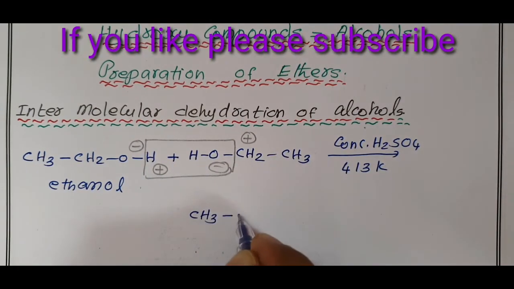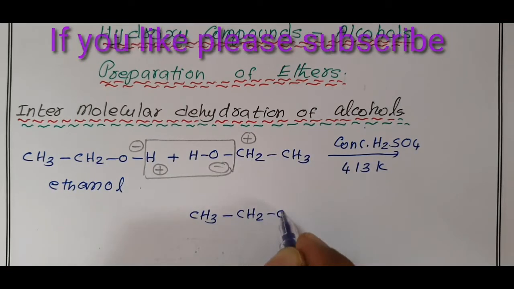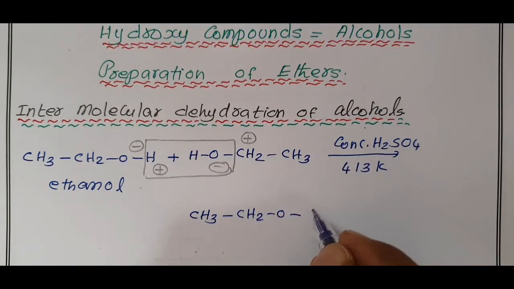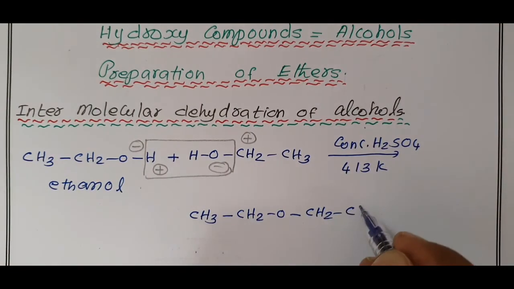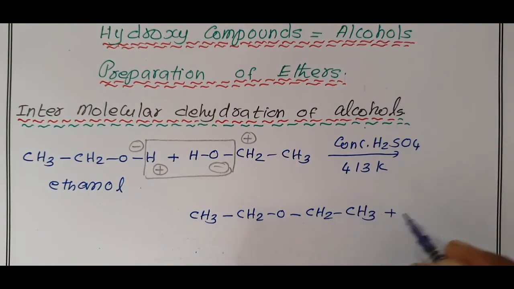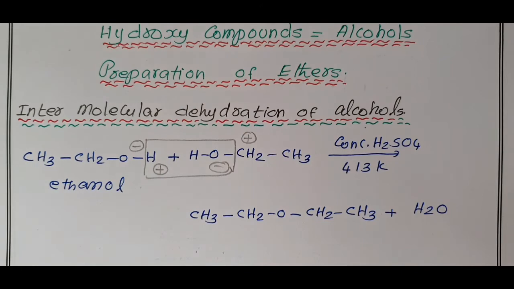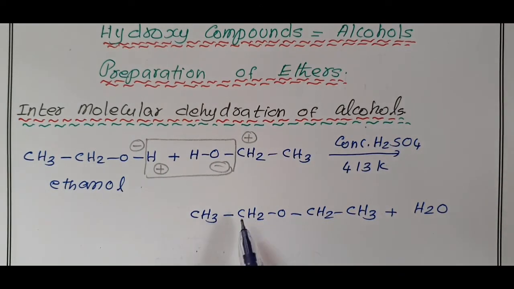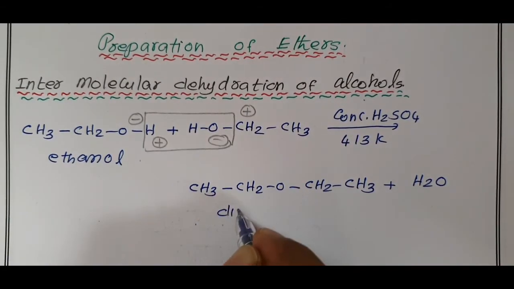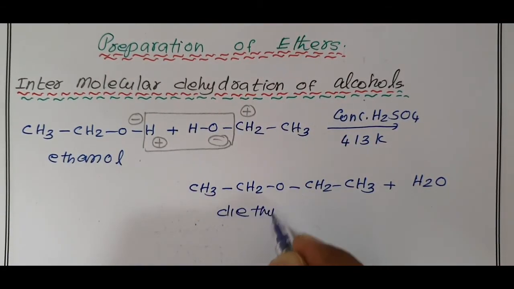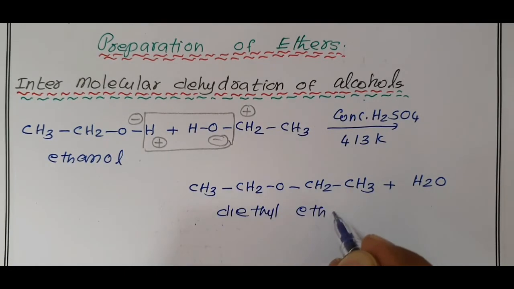CH3CH2O minus is added to CH2CH3 plus, with loss of an H2O molecule. What is the name of this compound? For the common name, this is one ethyl and that is also ethyl. Therefore, diethyl ether is the common name.